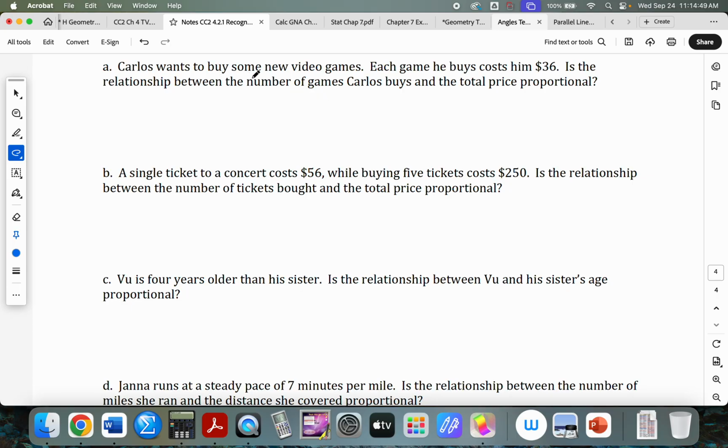So Carlos wants to buy some new video games. Each game he buys costs $36. Is the relationship between the number of games Carlos buys and the total price proportional? Well, if he buys 2 games, will we expect him to pay twice as much? Yes. If that doubling idea works, it's proportional. If he buys 0 games, how much is he going to pay? $0. It's important that it goes through 0, 0 also to be proportional.